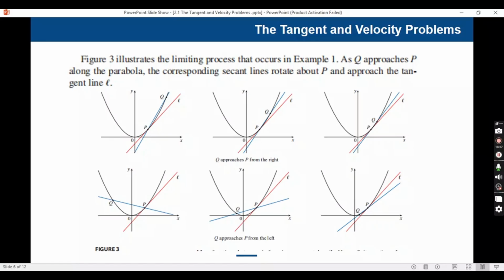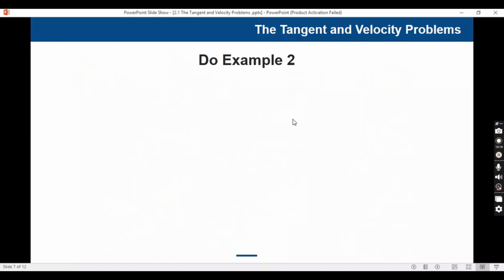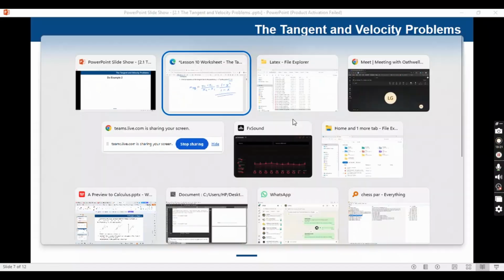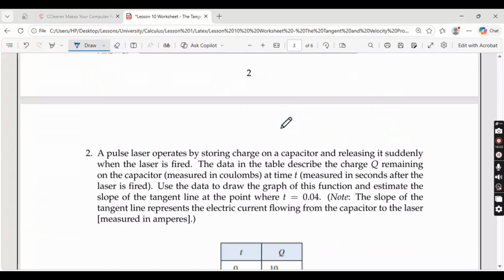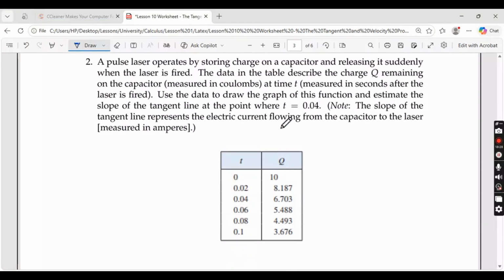So let's now do example 2. It says a pulse laser operates by storing charge on a capacitor and releasing it suddenly when the laser is fired.